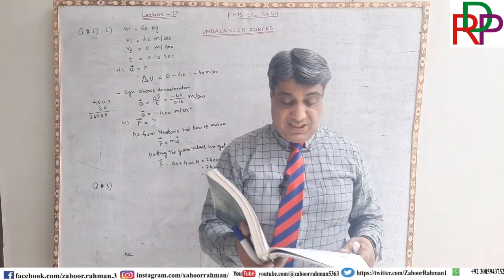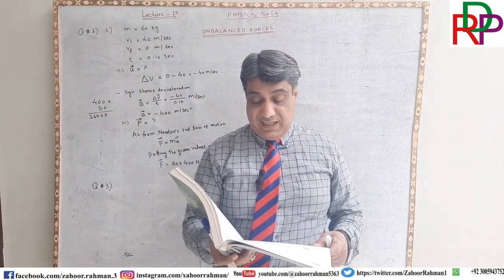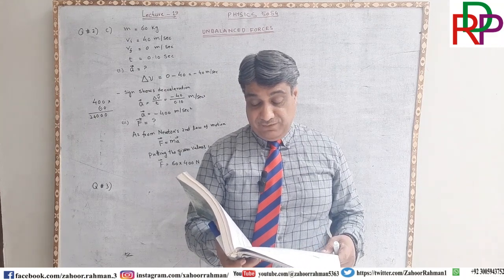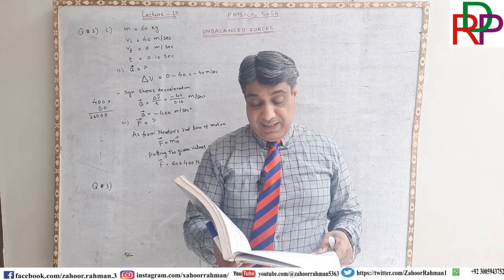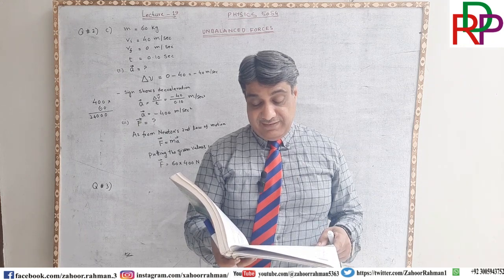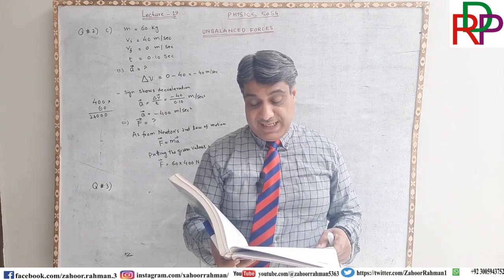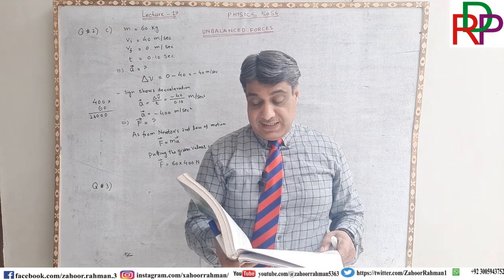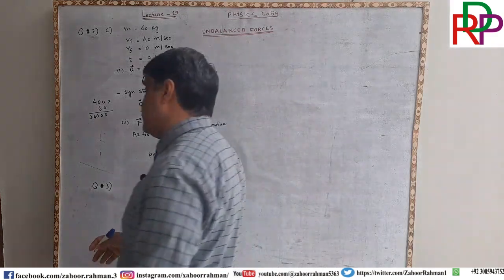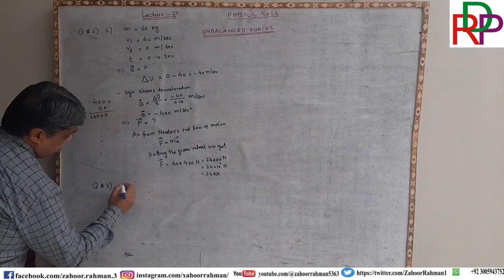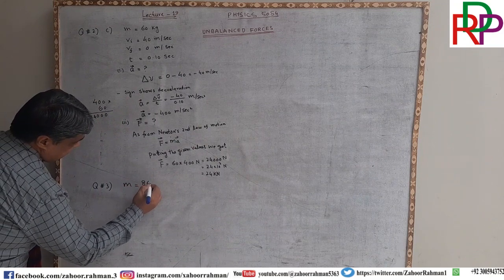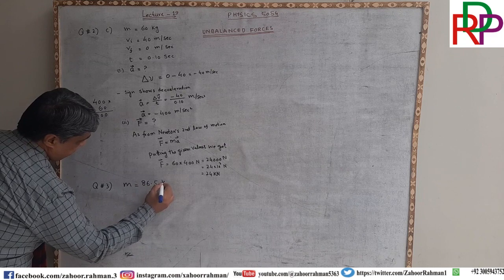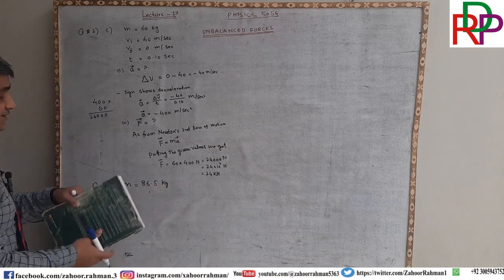Question number 3 is saying the Republic of Singapore Air Force was the AIM-9 Sidewinder air-to-air missile, which has a mass of 86.5 kilogram. So mass is given, 86.5 kilogram of mass of the missile is given.